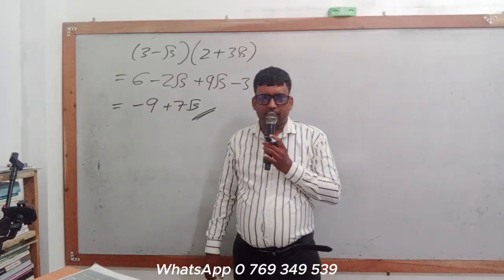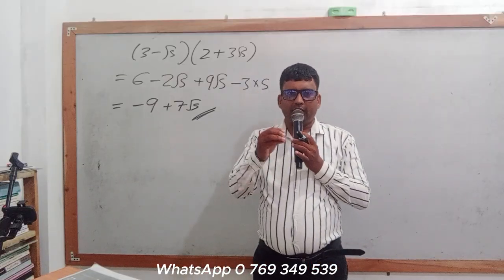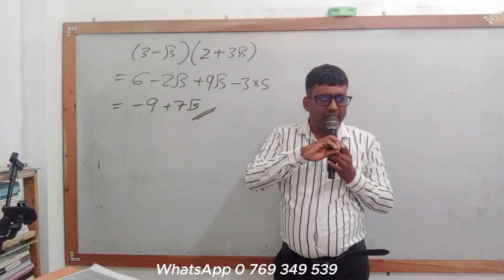Now the next one says rationalize the denominator. How to do that?